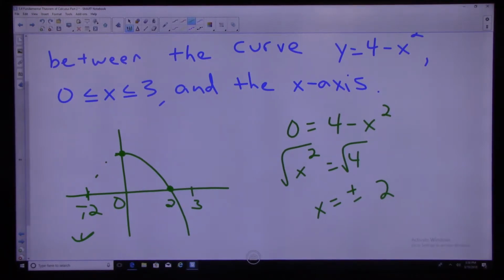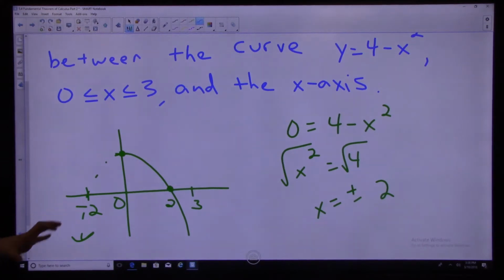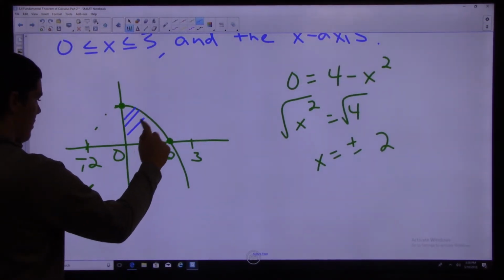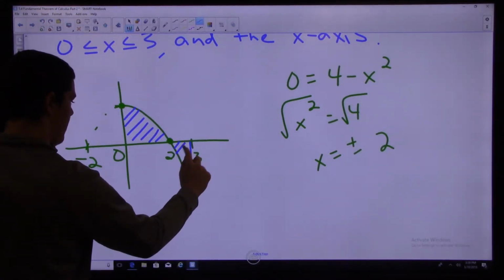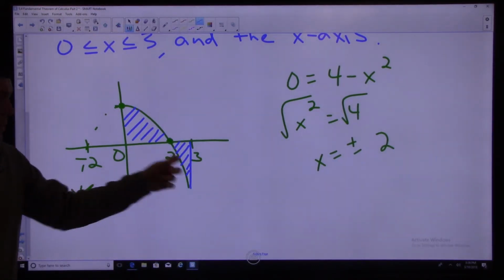Okay. So guys, we are trying to find the area between that curve and the x-axis. So let me draw what we're trying to find. We're trying to find that area, and we're trying to find this area. Now, we want to find both of those areas, but area in general, we want these to both be positive, okay?